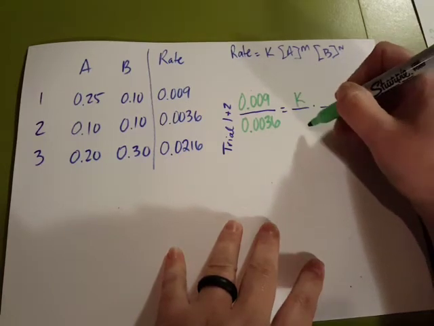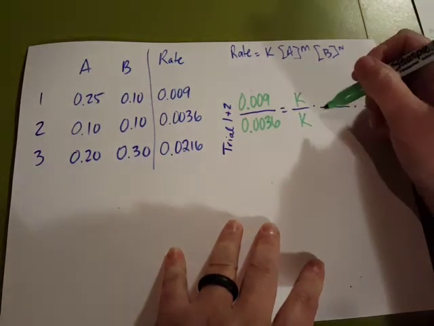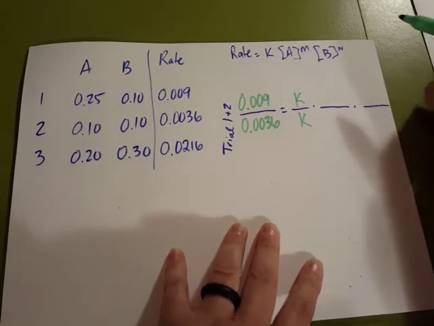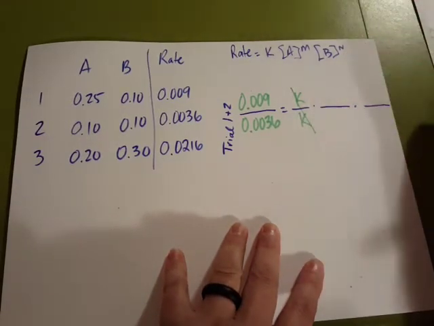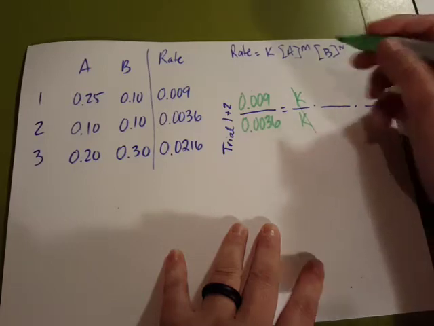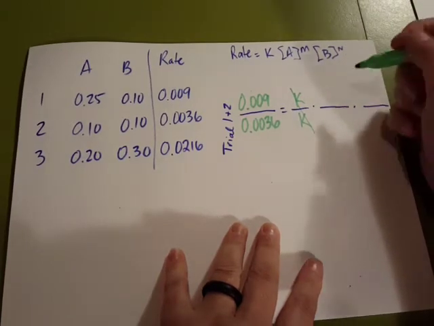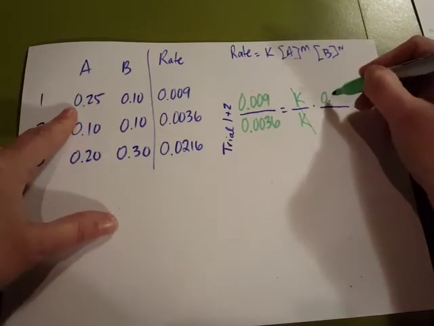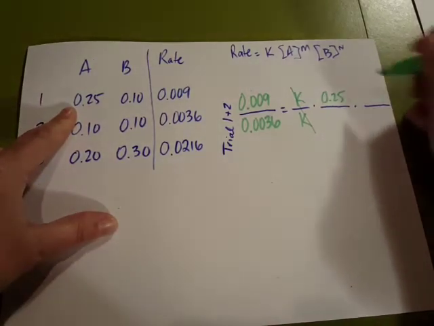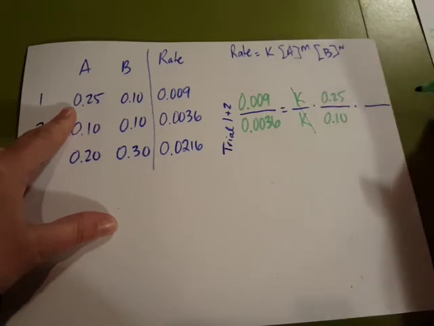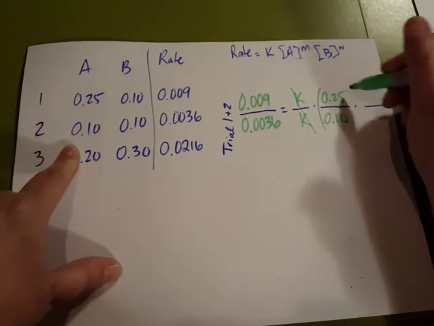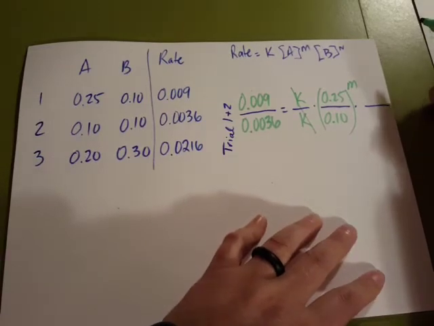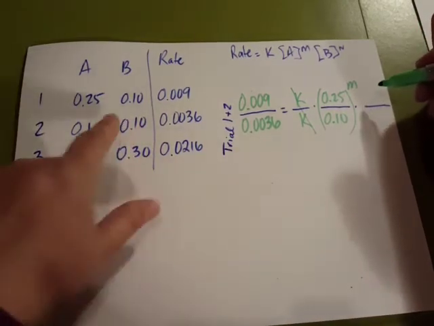The value for K is going to be the same. We don't know what it is, but we don't need to because it's at the same temperature, and it will cancel itself out, whatever it is. For A, we are going to be putting in 0.25 up above, 0.10 down below, and this is all going to be to the power of M, unknown at this point in time.